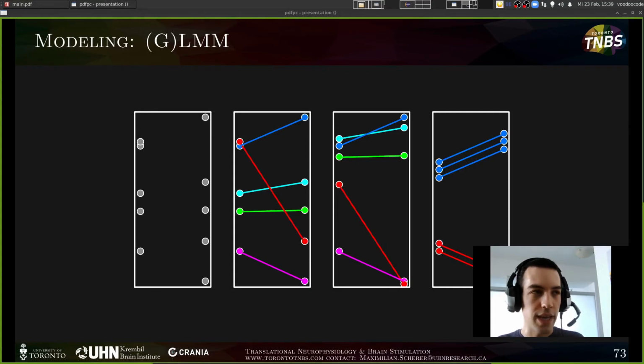And if that's not the case, you can apply the generalized linear mixed model, which then would say that your data might be Poisson distributed or binomially distributed if you are looking into something that usually has a binary outcome.